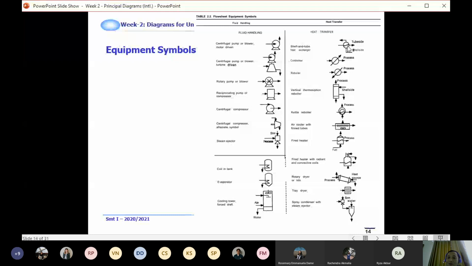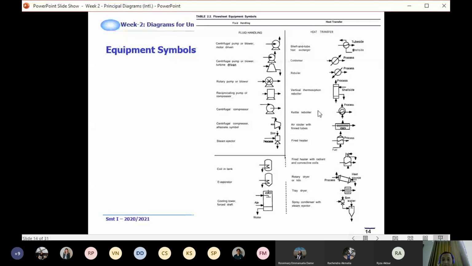So remember that. If the stream goes to the tube side, you have to make the direction from the left to the right, something like this one. But if it's coming to the shell side, it will be like this one. Okay, it's understandable.